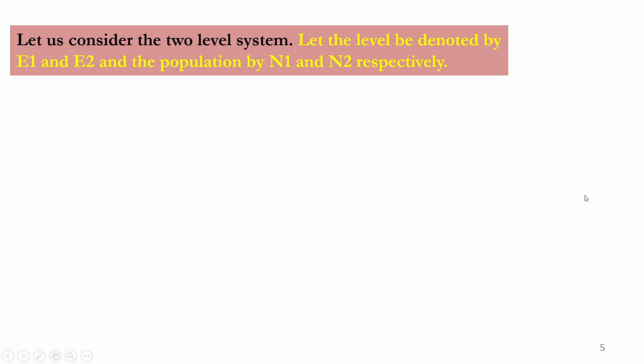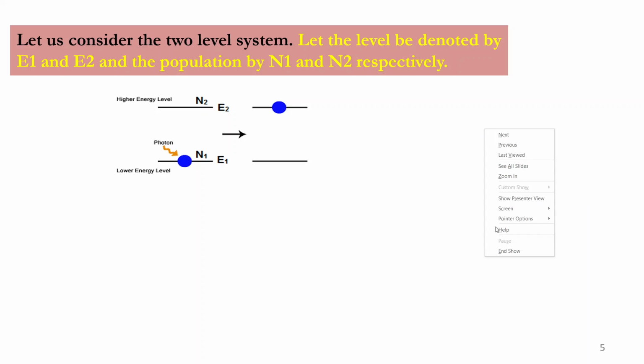Now, to obtain the Einstein coefficients and the relation between the Einstein coefficients, we have to consider the two-level system. Now in this diagram we can see the two-level energy diagram.